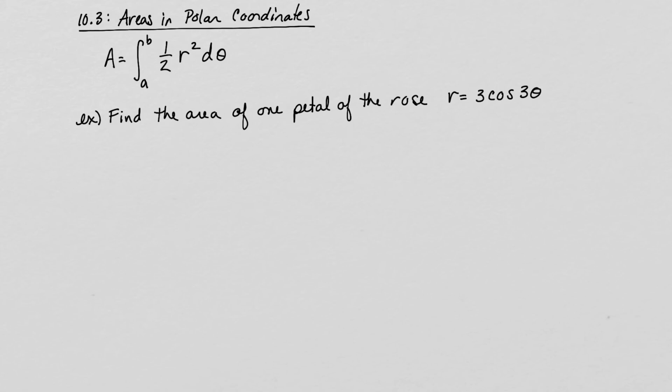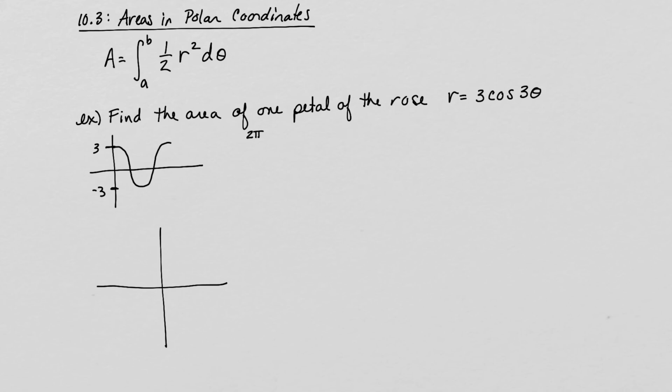In terms of a picture, if we were going to actually draw what we were doing here, so that you had a picture of what was going on: 3 cosine 3 theta starts to look like this. This point up here would be 3, and this down here would be -3. The 3 theta changes the period, right?